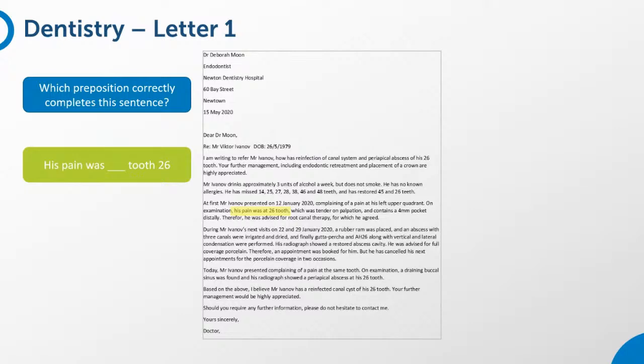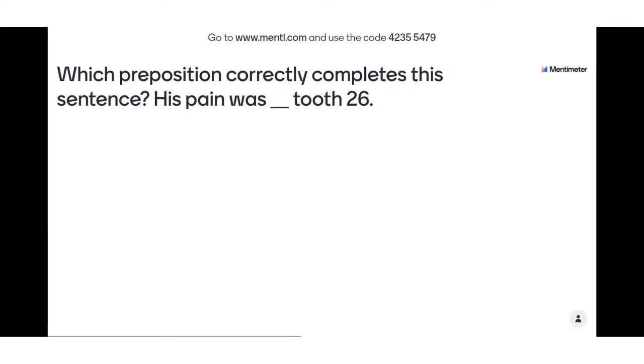So either type into the chat or answer the poll, which has come in as a link on the screen, and let me know which preposition would be correct. So I'm looking for a single word. So M is saying in the chat "on" could be correct. Any other suggestions?